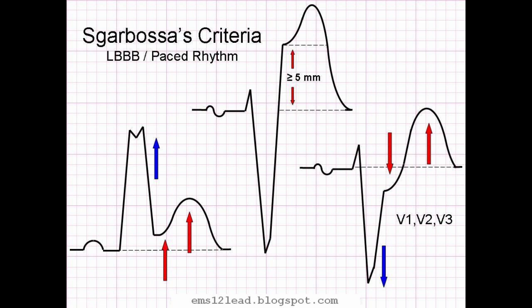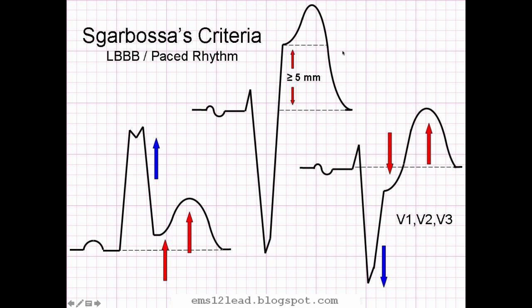So either of the other ones, we're calling it in code STEMI: concordant ST segment elevation, and ST depression here with a negatively deflected complex. Those are both like, yep, we're going to call it in. Code STEMI.